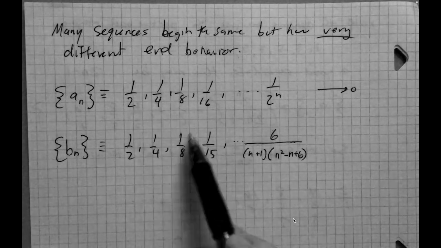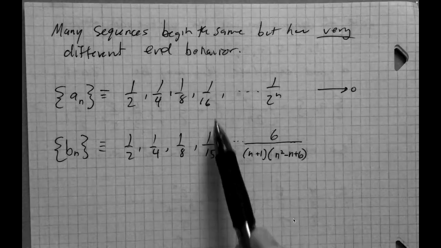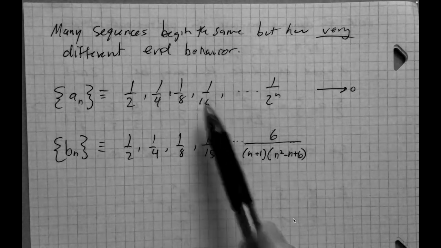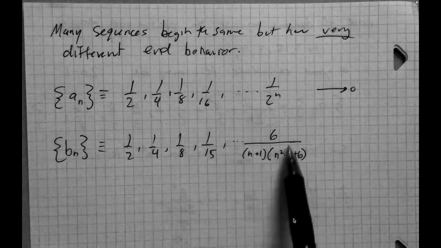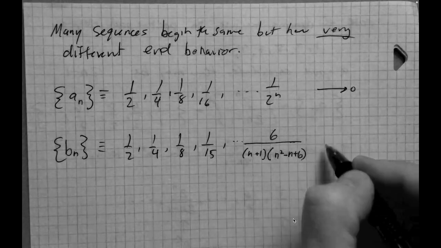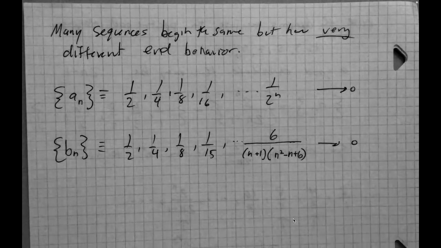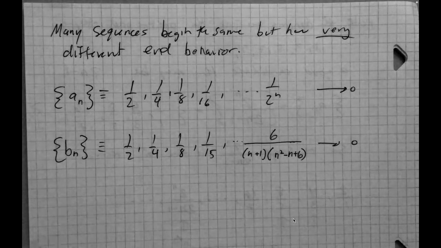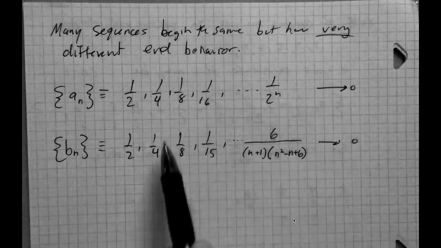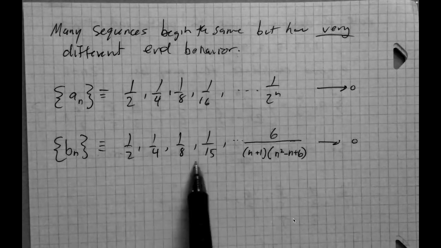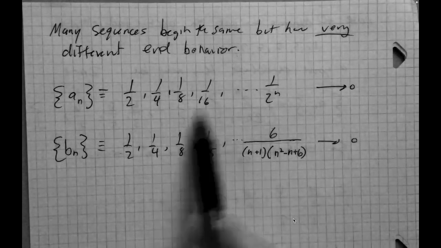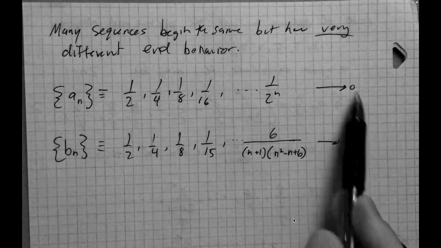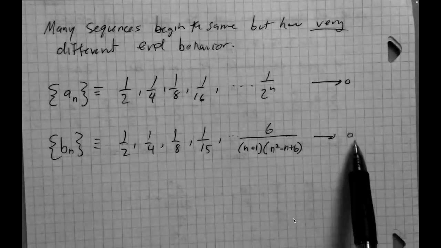Even though the first 3 terms of the sequence are identical, you see in the 4th term it's 1/15 instead of 1/16. But this sequence also goes to 0 as n goes to infinity. So this one also converges. They look very different. The first couple of terms are identical. At the 4th term they start to differ, but ultimately they end up in the same place.